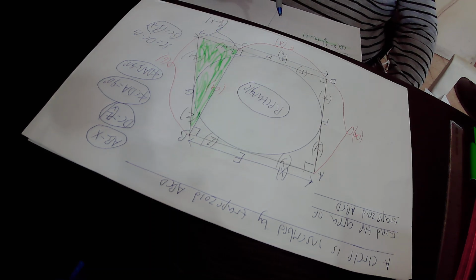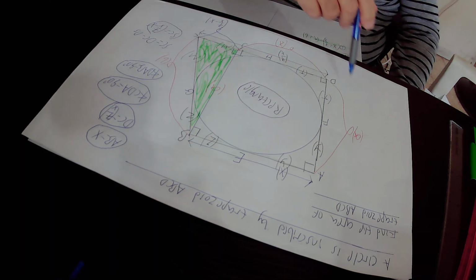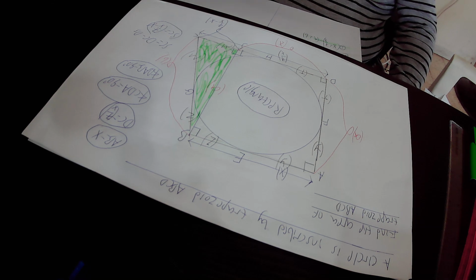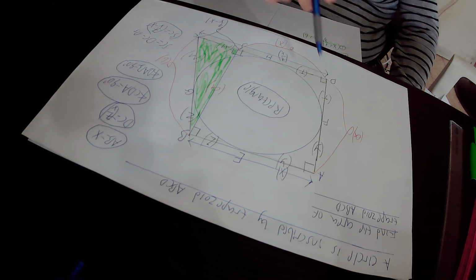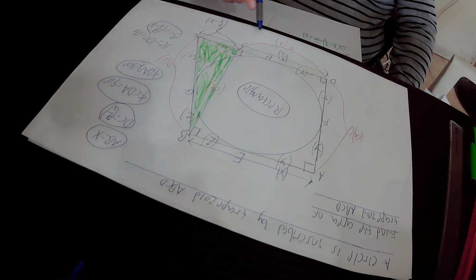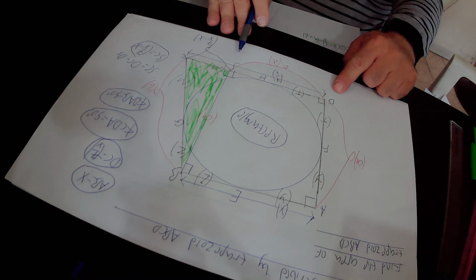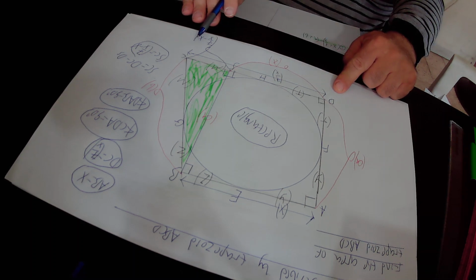Because of the fact that ABSD is a rectangle, and you know that the opposite sides of a rectangle are parallel to each other. So in rectangle ABSD, side AB is parallel to the opposite side DS. But DS is part of the straight line DC, and it's parallel to AB.